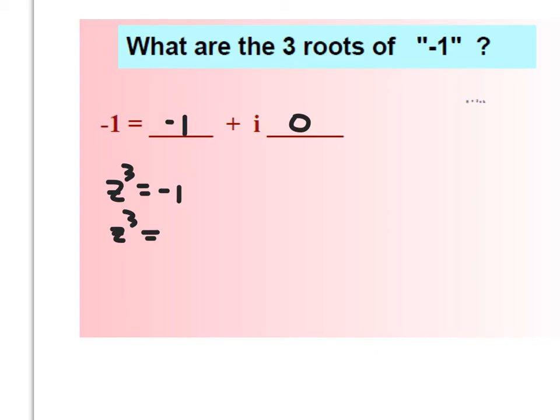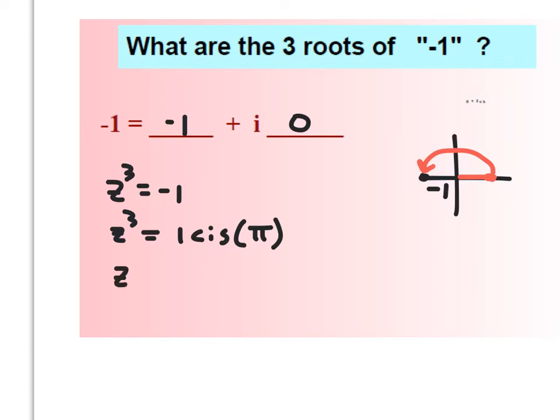Well, negative 1 is the same as 1 cis pi, right? If I were to put this on a diagram, negative 1 would be right here. So in order for me to get there, I'd extend out 1, rotate pi units. Okay, so it's 1 cis pi.